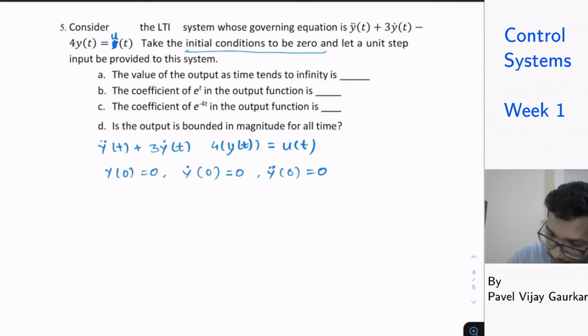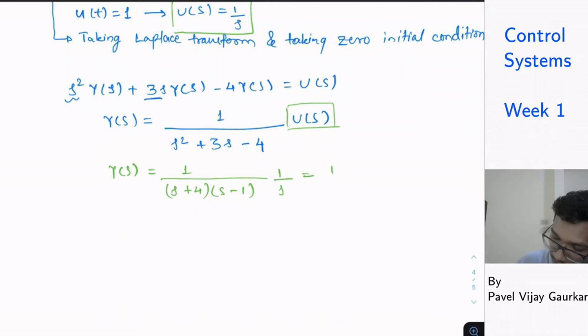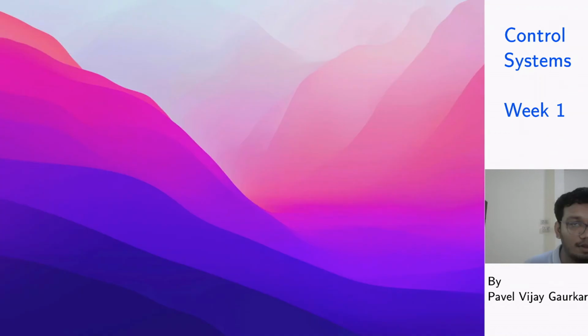So that will give us plus 3 and minus 4. And we have 1 upon s from the unit step response. So if we write the terms as 1 upon s, 1 upon s minus 1, and 1 upon s plus 4, these are the three factors of this polynomial.